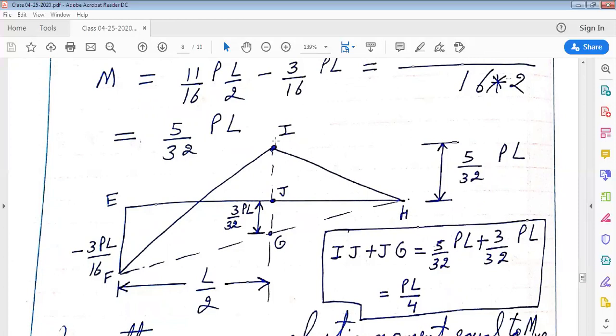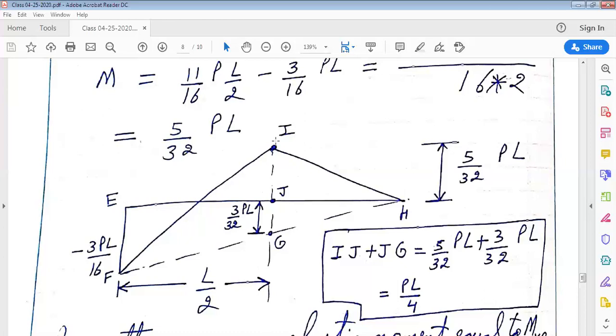In this bending moment diagram, there is a dotted line also which has joined point F and point H. And on this dotted line, there is a point G, which is vertically down point J. And we can see that IJ plus JG, that is 5 by 32 PL plus 3 by 32 PL.